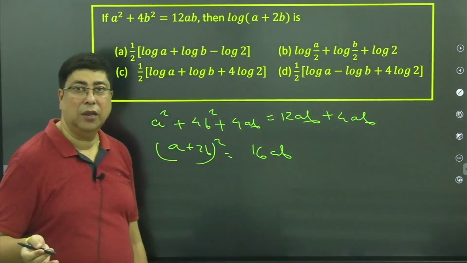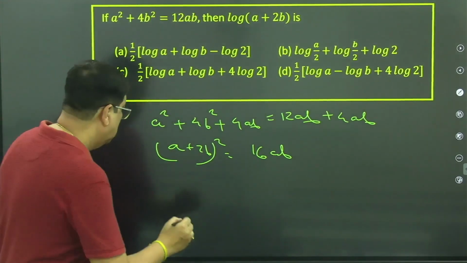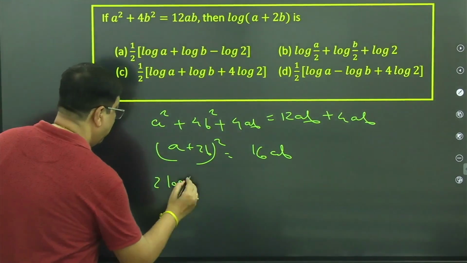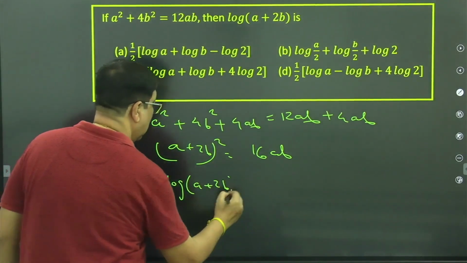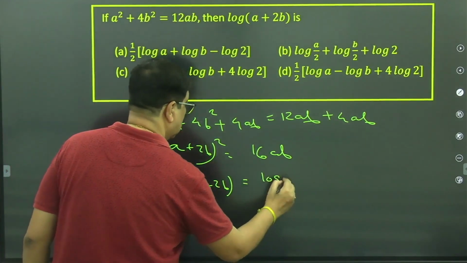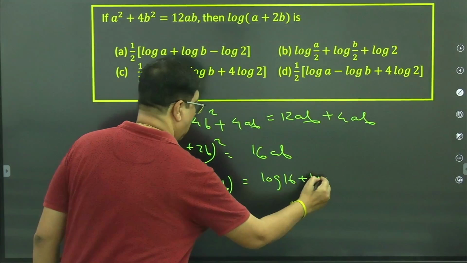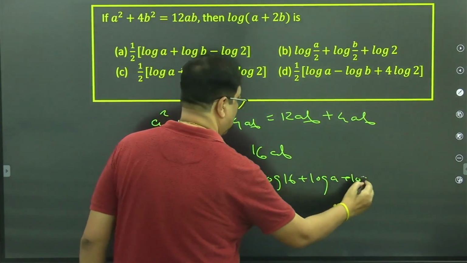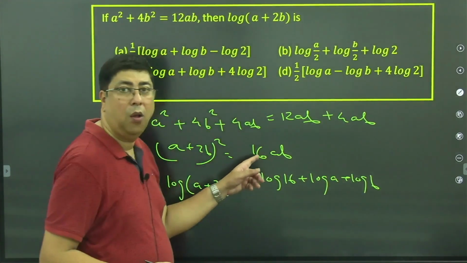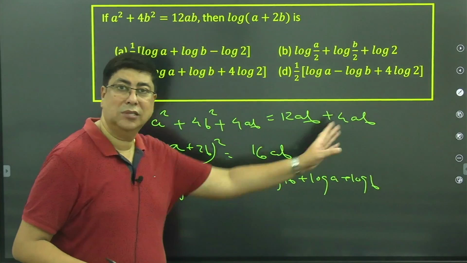Take log on both sides. So 2 log of a plus 2b equals log 16 plus log a plus log b. Log of mn is log m plus log n, so we can extend the product in this way.